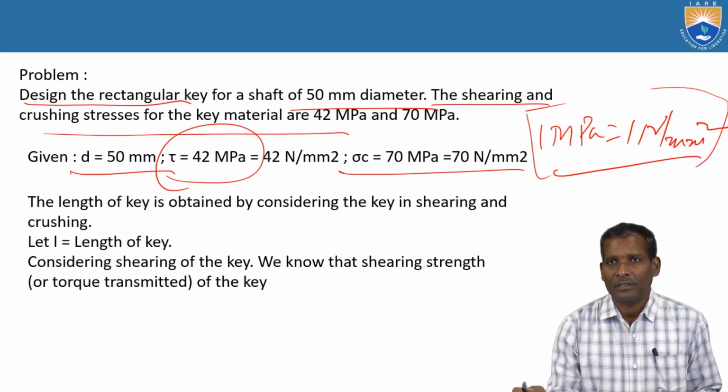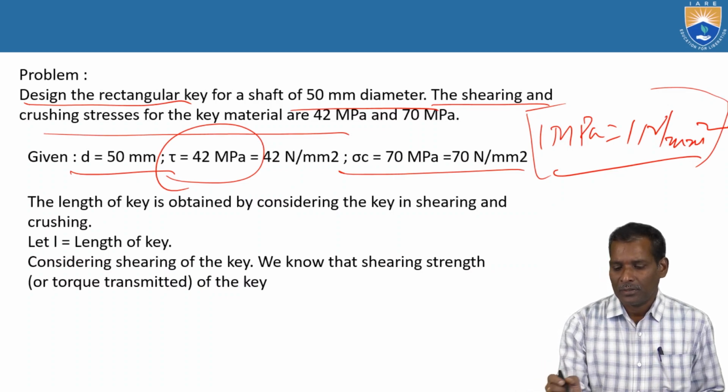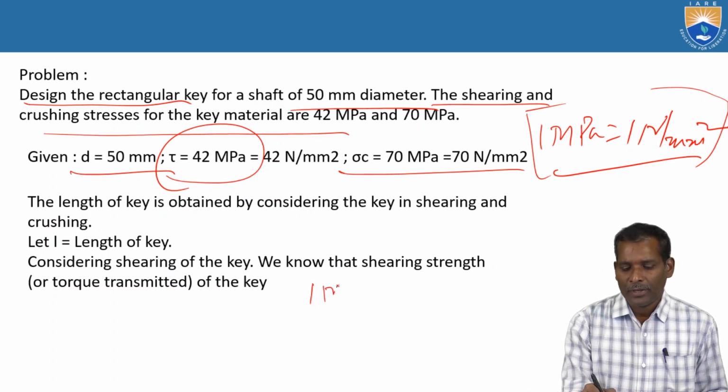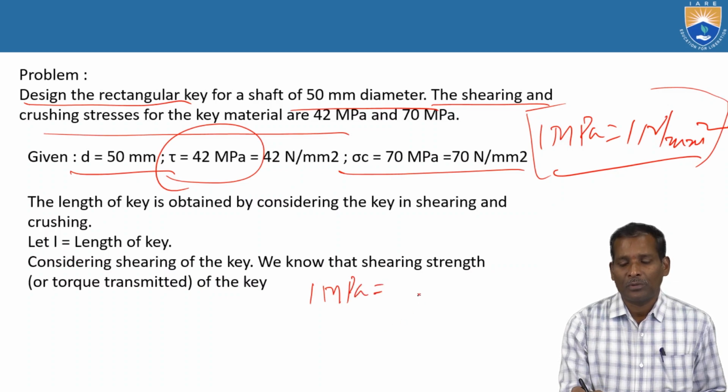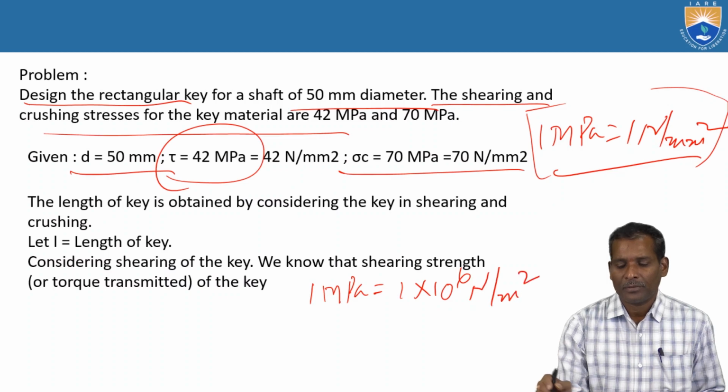How do we convert units from pascal to Newton per square millimeter? Once again I will explain. 1 megapascal is equal to 1 into 10 to the power of 6 Newton per meter square.